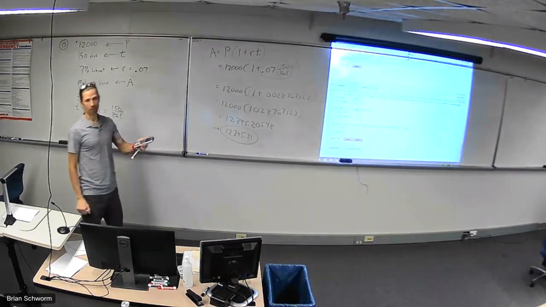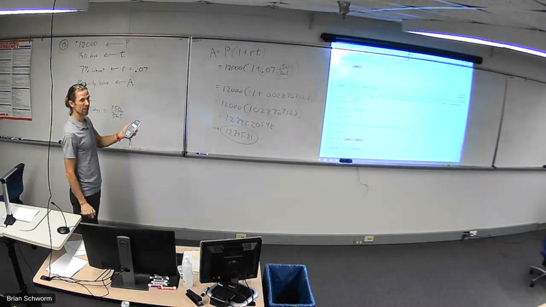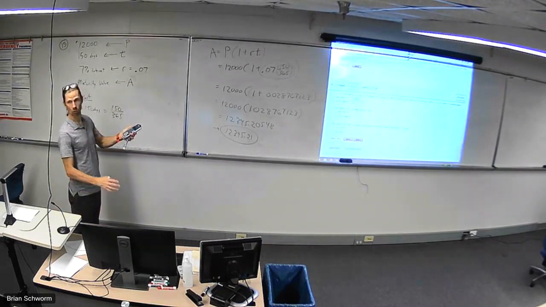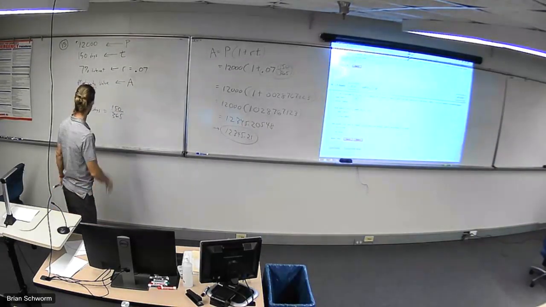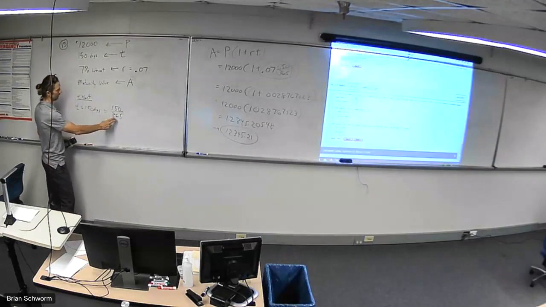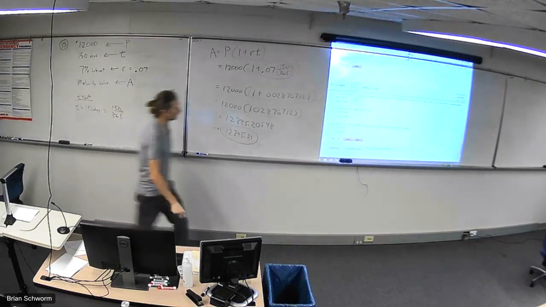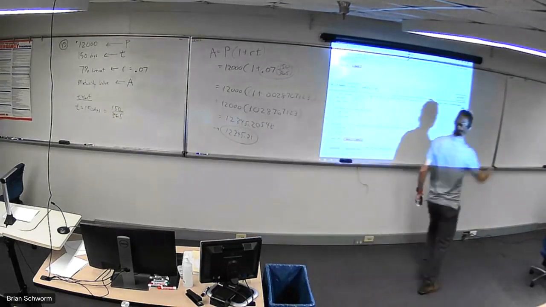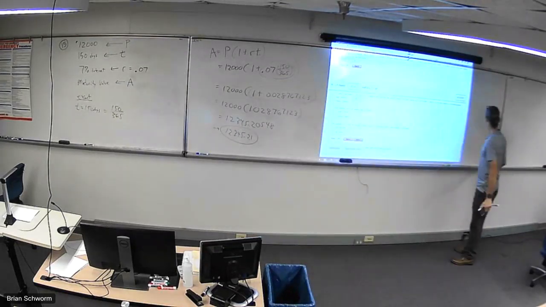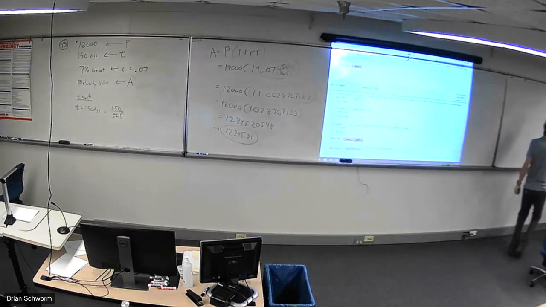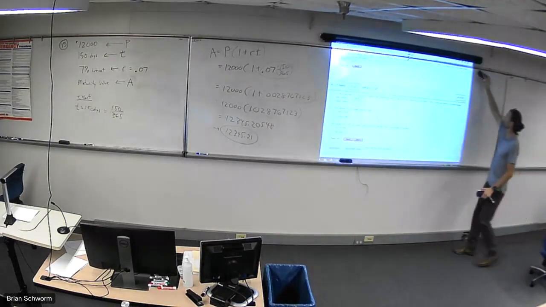Now I need to do the calculation again with the ordinary method, what's done under normal, ordinary circumstances. What's done is we use 360 instead of 365. That's the only difference. So I'll move that down here. T is still 150 days.